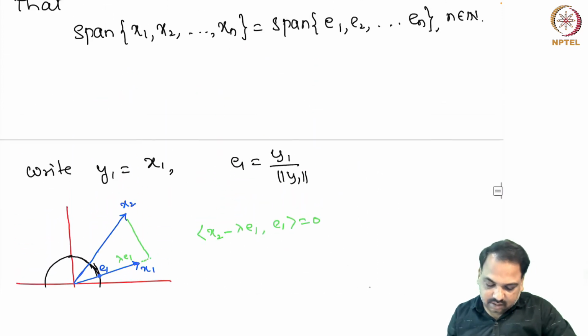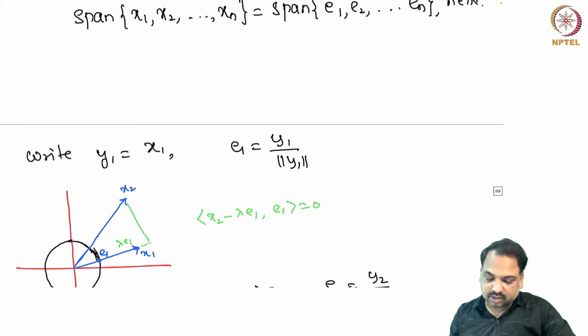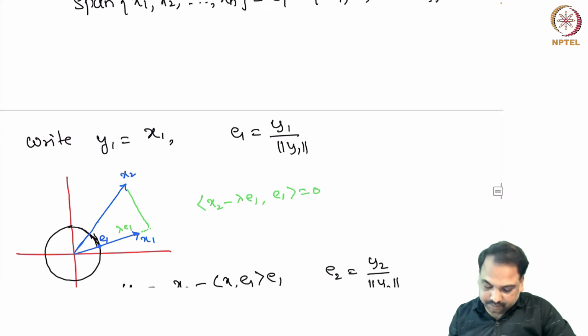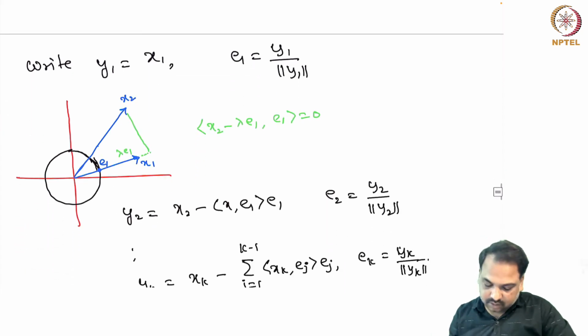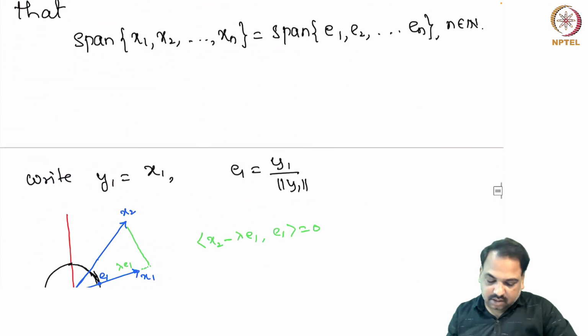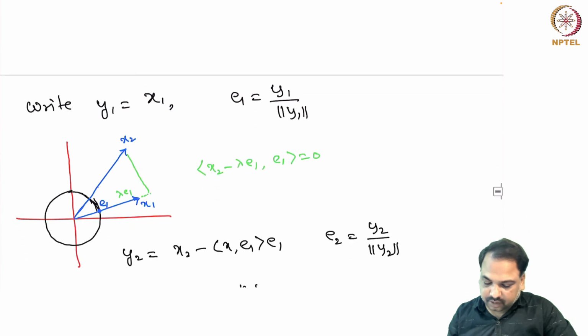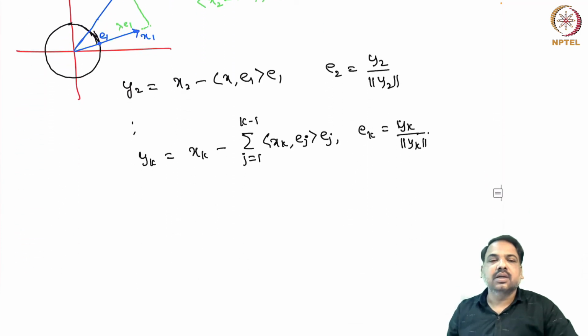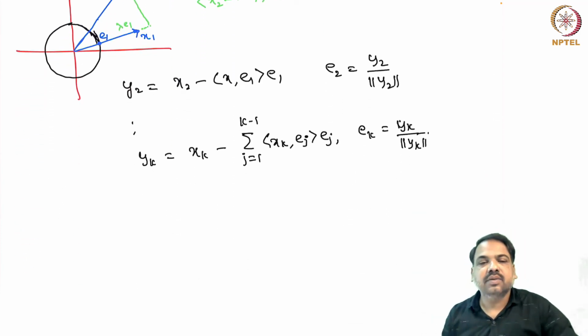Now if you look from the beginning, span of x1 is span of e1, span of x1, x2 equals span of e1, e2. So in this way we can get the result that we want. So this is the way we can construct an orthonormal set from a linearly independent set.